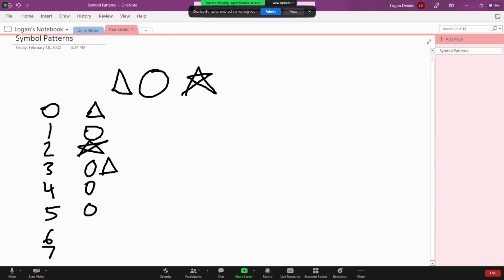So all of these are going to start with a circle. And then the pattern is that you just keep going down the line. So 3 becomes circle triangle, 4 becomes circle circle, and 5 becomes circle star. It's so much easier this way. 6 becomes star triangle, then star circle, and if we had an 8, it would be star star.